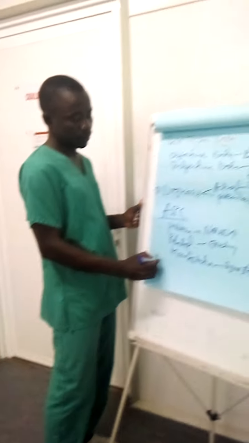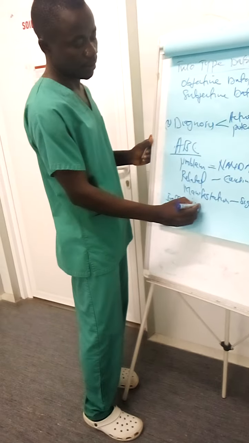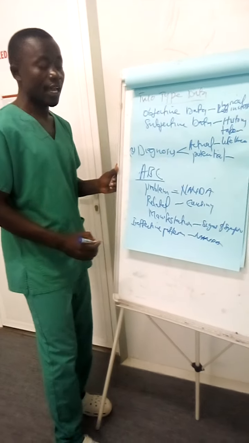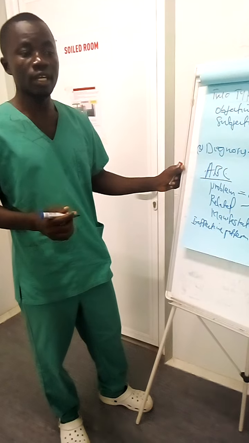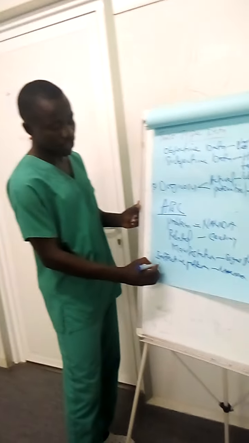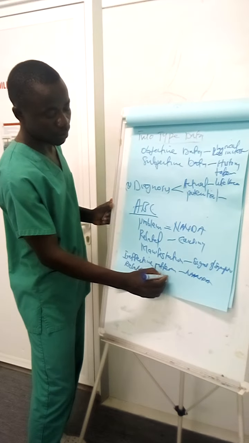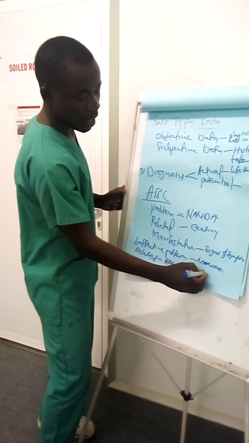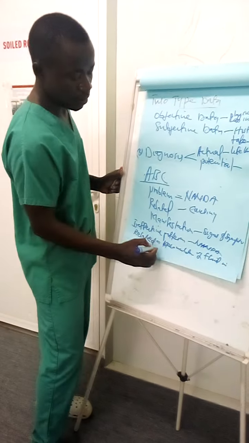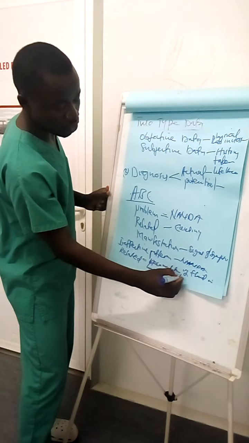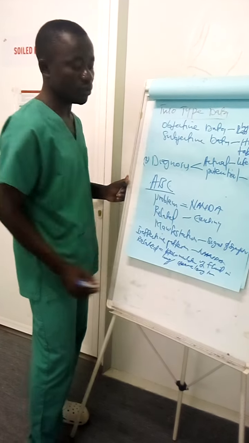For instance, someone is having respiratory distress. The ineffective breathing pattern is the problem from NANDA, related to an obstruction in the airway, or accumulation of fluids in the lungs, or decreased or death of lung tissue, as manifested by respiratory distress, for example 30 breaths per minute in adults.